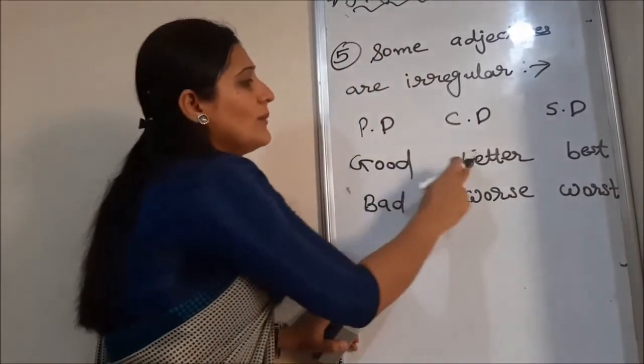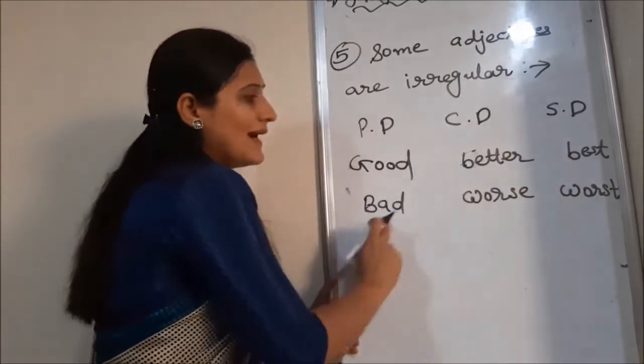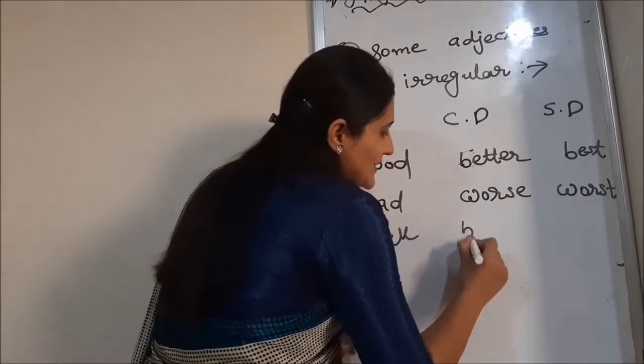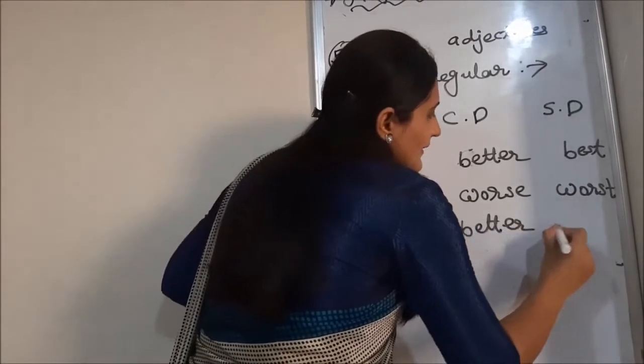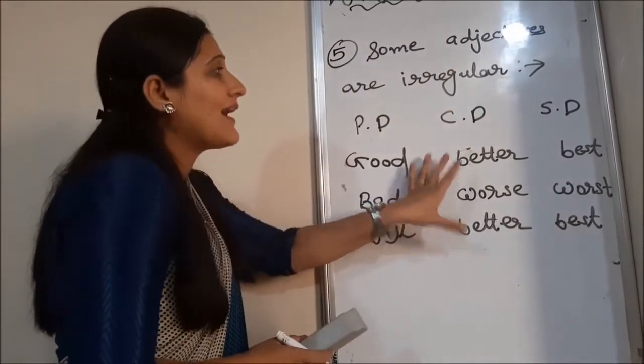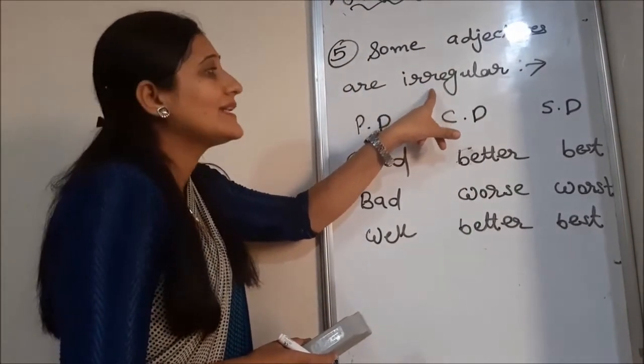See, good, better, best; bad, worse, worst; well, better, best. These are irregular adjectives.